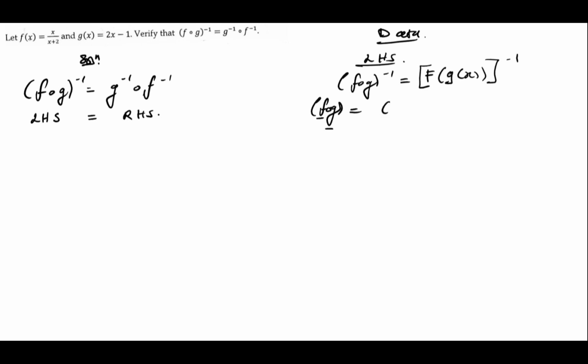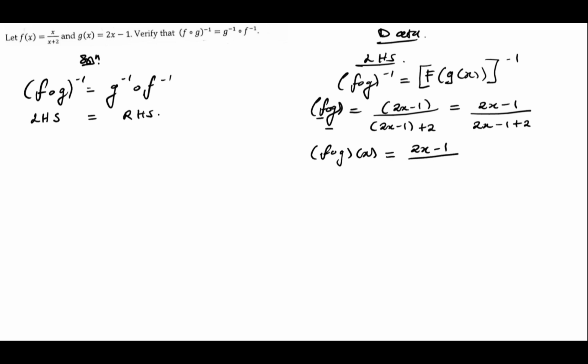So I'll have 2x minus 1 over 2x minus 1 plus 2. So f of g of x in particular will be 2x minus 1 over 2x plus 1. That is what we're going to have.